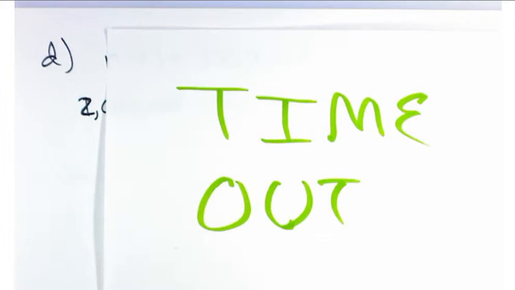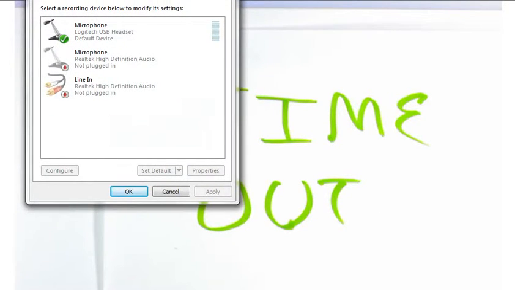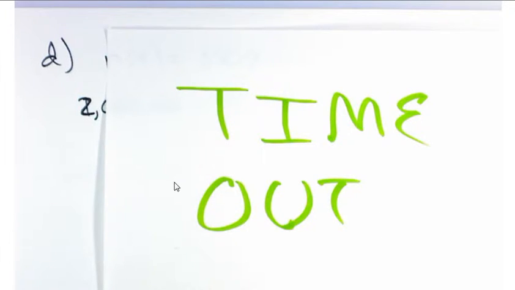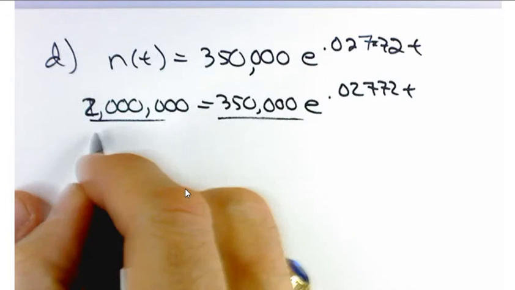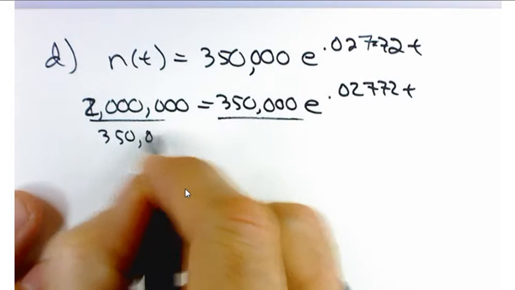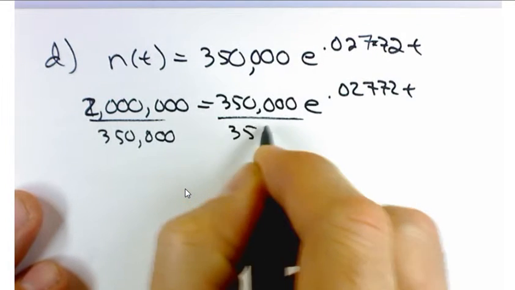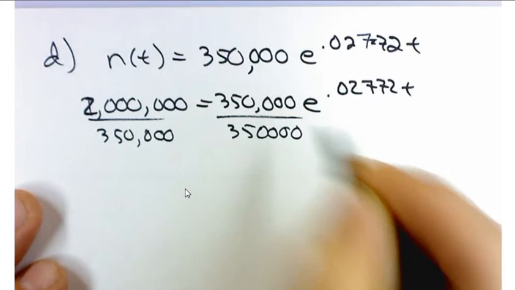All right, let's see. Still got sound. Okay, good. All right, so kind of like the previous one, part B, we're going to divide both sides by 350,000. So on the right-hand side, you're just left with e to the 0.02772 times t.